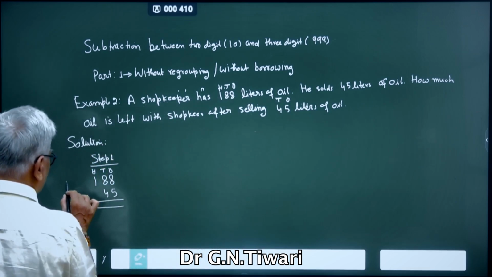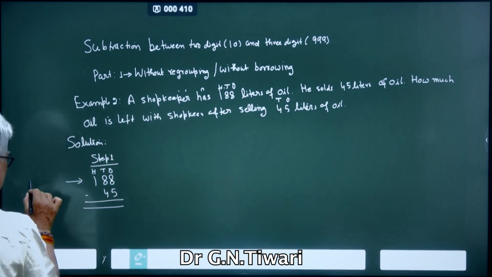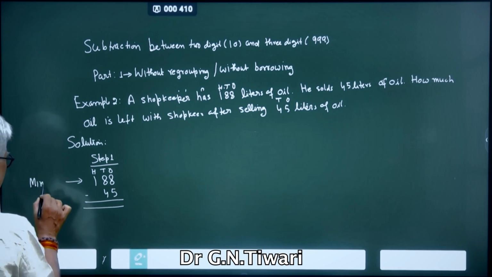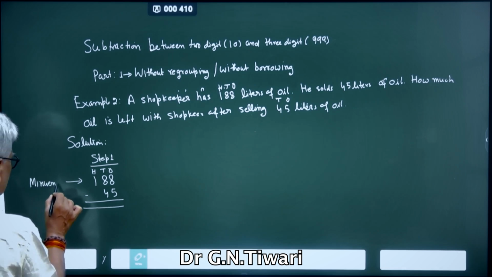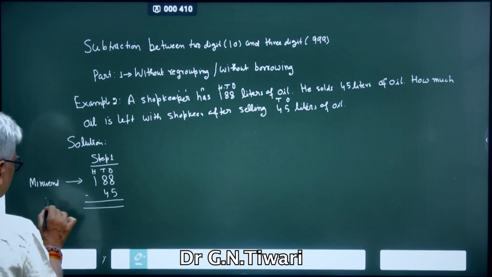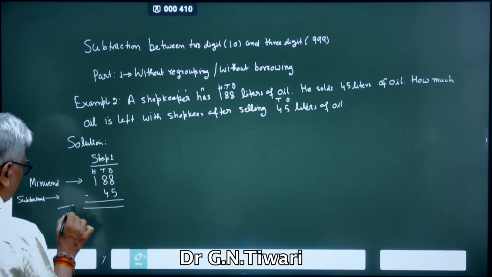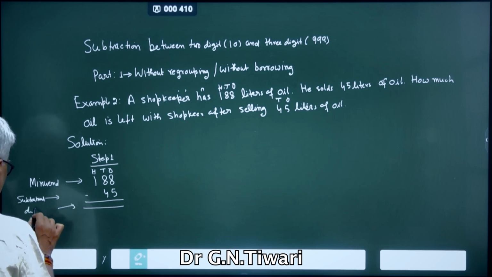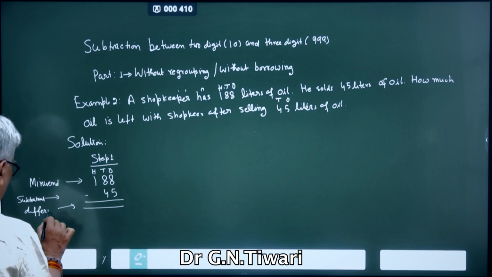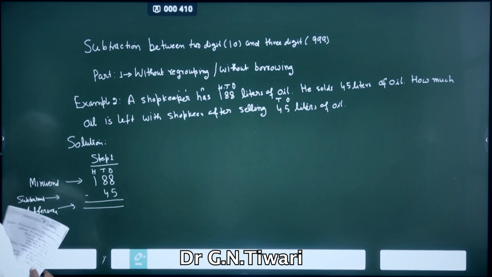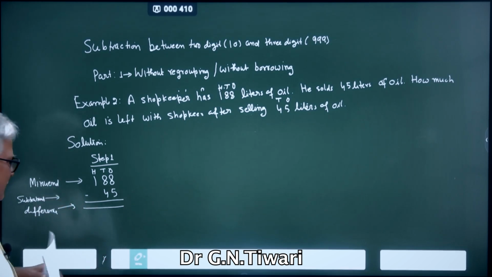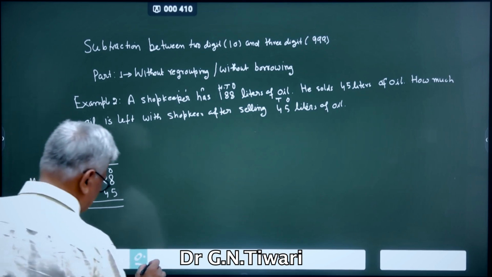So this is the minuend, and this is the subtrahend, and this is the difference. Ask students preferably to write the first letter as a capital.